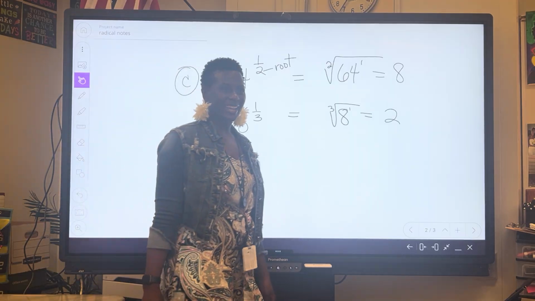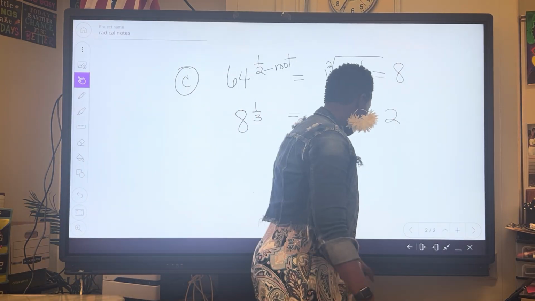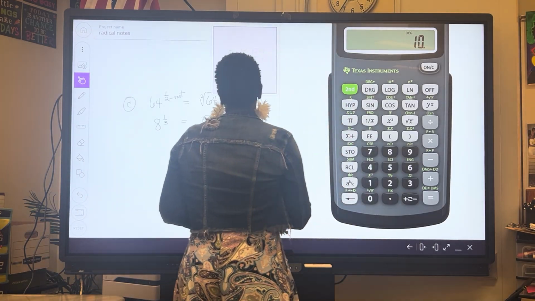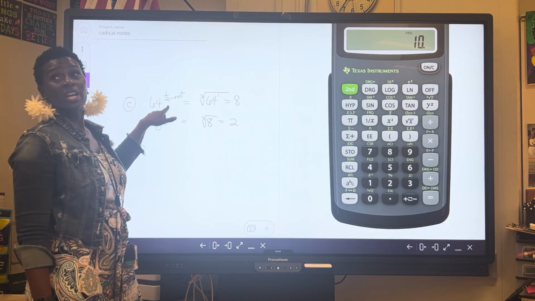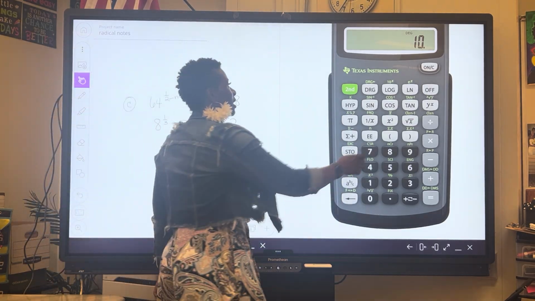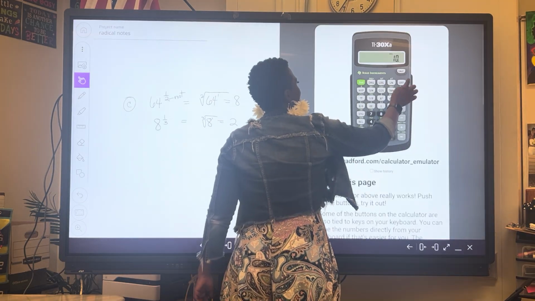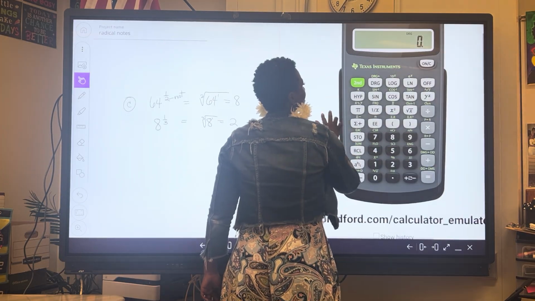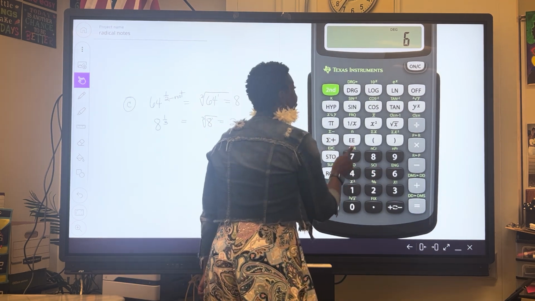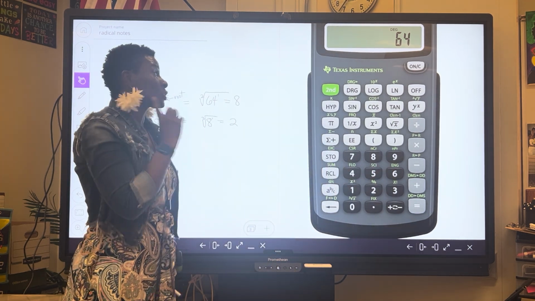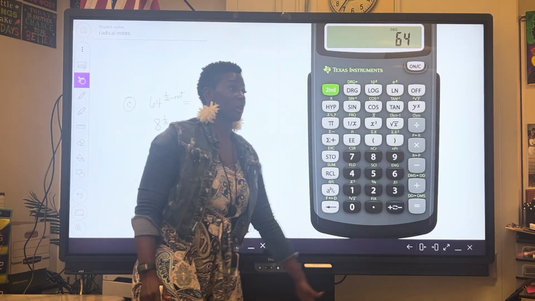Now, let me take you to the calculator. Y'all ready? Let's go to the calculator. Let's do the first one. Let's do 64 to the 1/2 power. Clear it out. Tell me what I'm gonna put in. 64. Now I got an exponent. Which key am I using for my exponent?